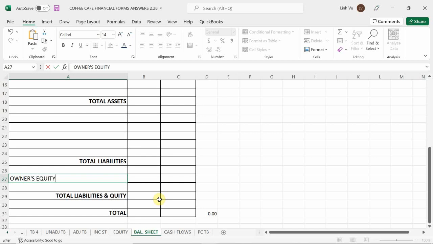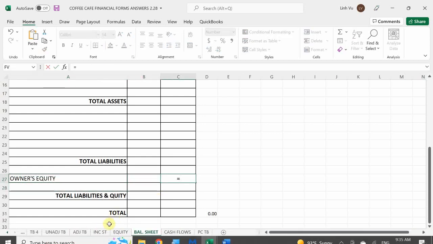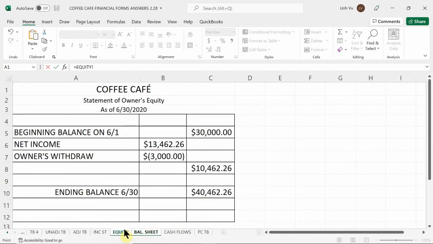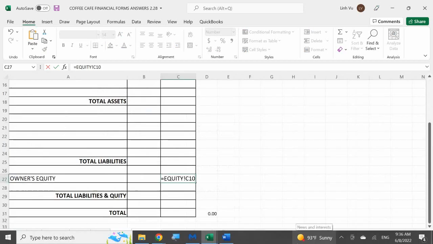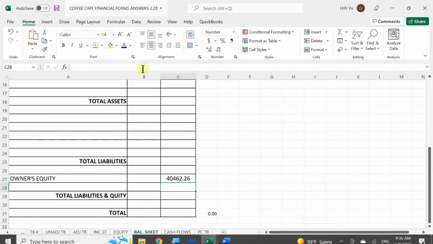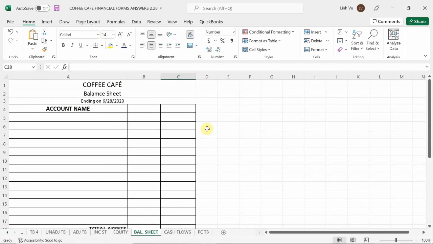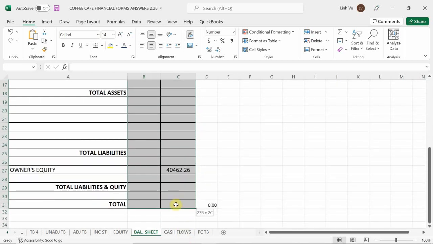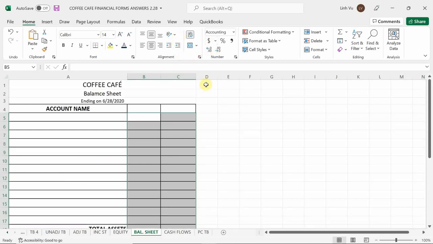And I just solved for it, and from here, your statement of equity, it was $40,462.26.